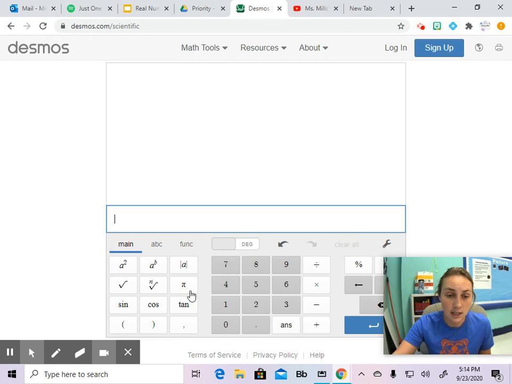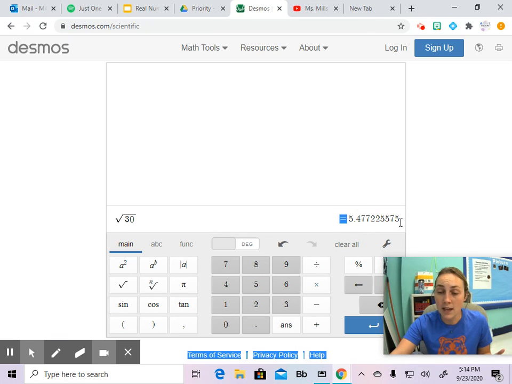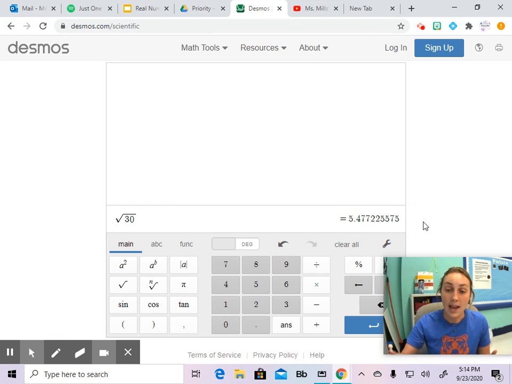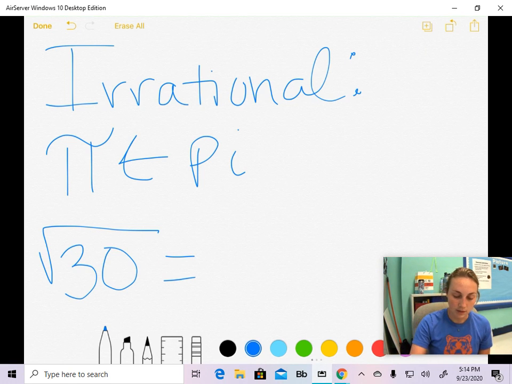The same thing, you get a decimal number that goes on forever, and there is no repeating there either. It is non-terminating, and it is non-repeating. Those are examples of irrational numbers. That was like 5 point something.